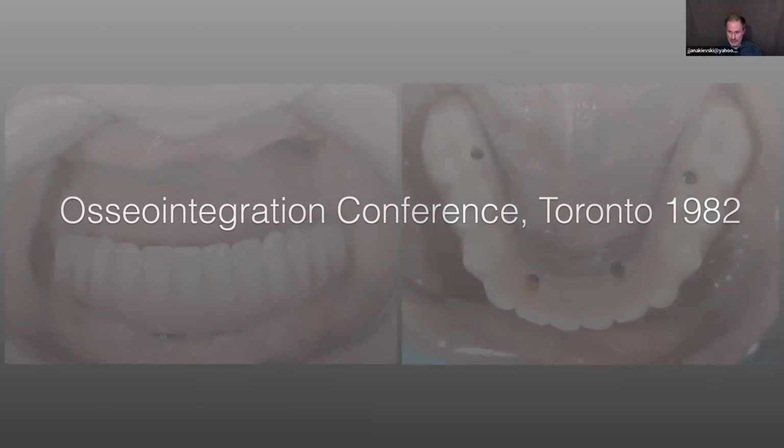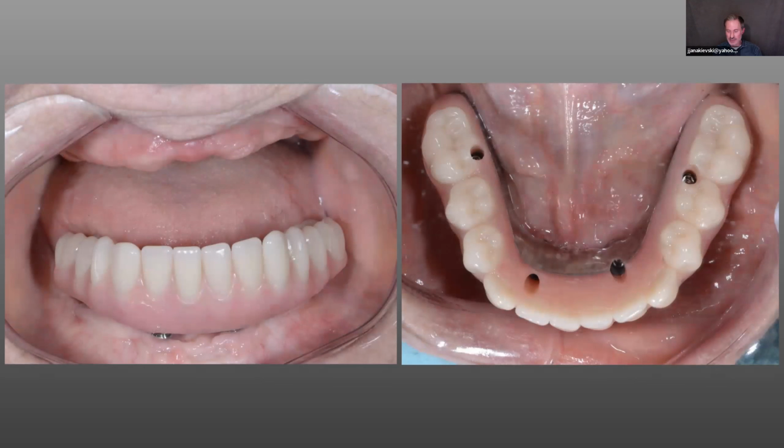Implants were designed at that time to be basically a retrievable prosthesis. With intention, the design was to make a screw hole so that we can retrieve it, remove the prosthesis, repair it, replace it. We never really had intention to permanently place it in the mouth and never ever remove it.